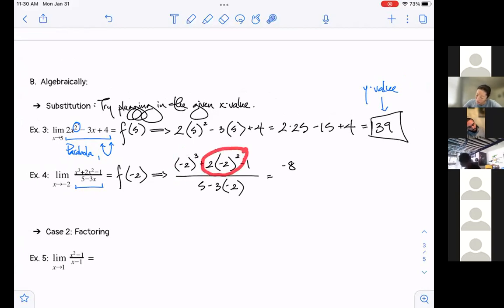But this middle term here, just like we did above, I'm going to square that -2 first, which is going to give me a +4. And then times 2 is going to give me a +8 minus 1 all over 5. Got to be careful here. -3 times -2 will give me a +6. And I end up with -1 over 11. Now, -1 over 11. Quick question for you all. Is that the same or different as this?